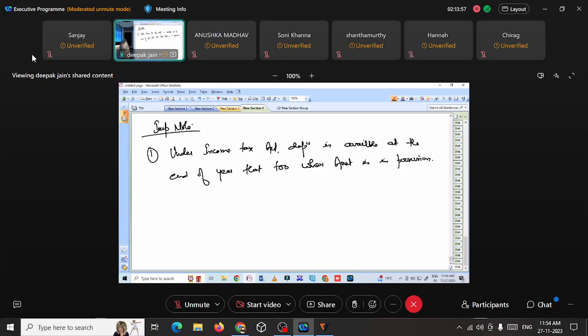Suppose you purchase the asset on 1st April and you sell the asset on 31st December after using it for 9 months. Under the Income Tax Act, no depreciation would be available at all. In accounts, you compute proportionate depreciation for 9 months, 6 months, 11 months.